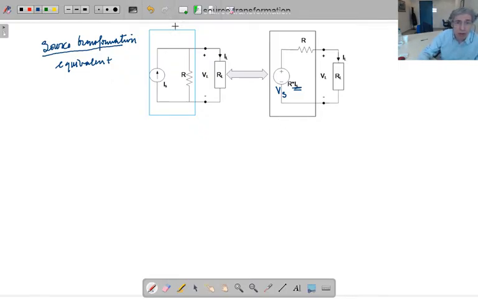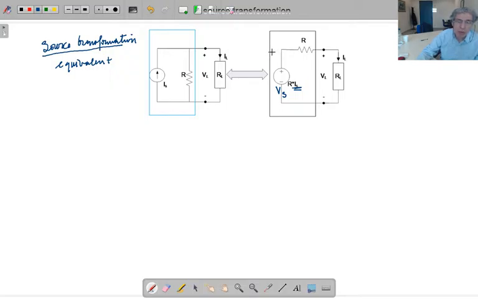We are going to say that if the element current and voltage on the left hand side circuit is the same as the right hand side circuit VL and IL values, then we are going to say that blue is equivalent to that black box.